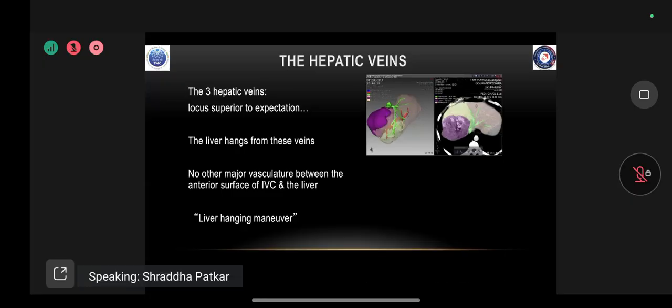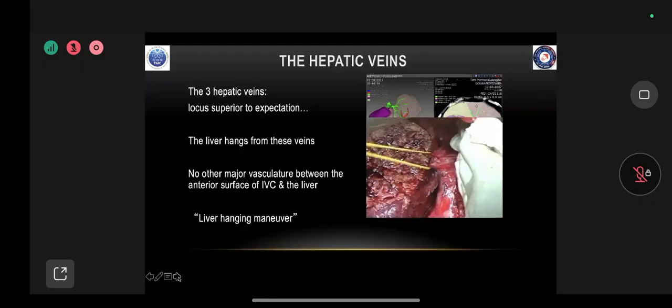They proposed that there is no major vessel which is encountered on the anterior surface of the cava, in between the cava and the liver. So actually you can pass a tape or an instrument blindly on the anterior surface and come out in between the three hepatic veins, hang the liver by these tapes, and then proceed with your transection.